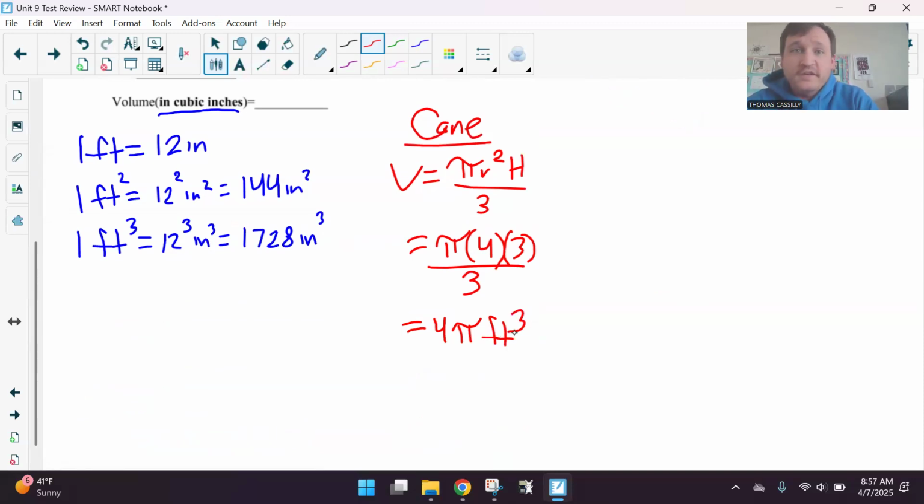If I want to figure out what that is in cubic inches, I'm going to have to do 4 times 1,728 pi cubic inches, whatever that number is. I already had that number before, 6912.